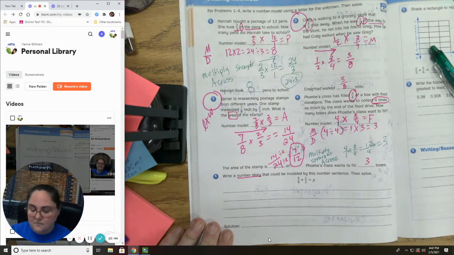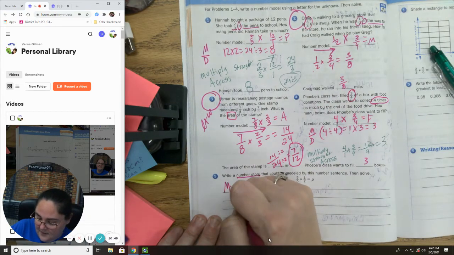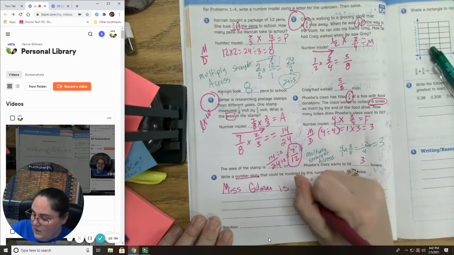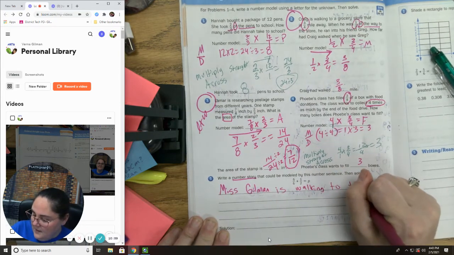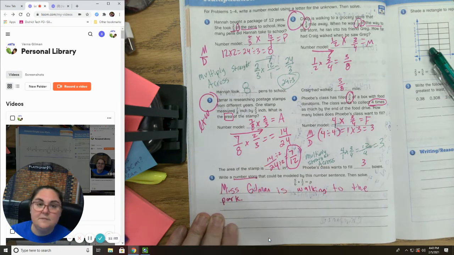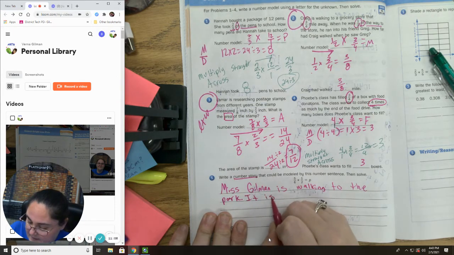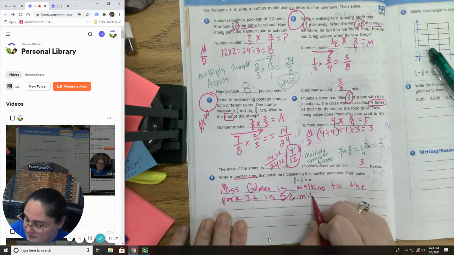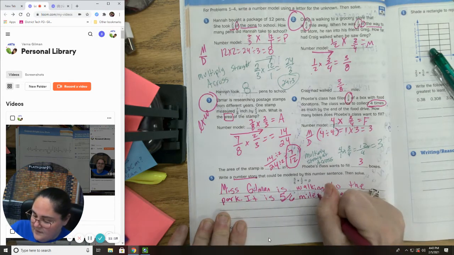So Miss Gilman is walking to the park. It is 5/6 of a mile away.